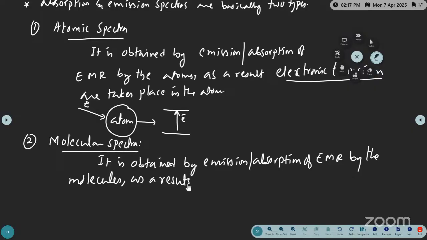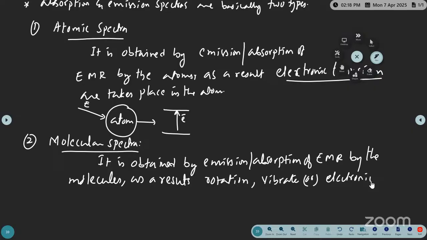As a result, the atoms in the molecule may rotate and vibrate, or electronic transitions may occur.